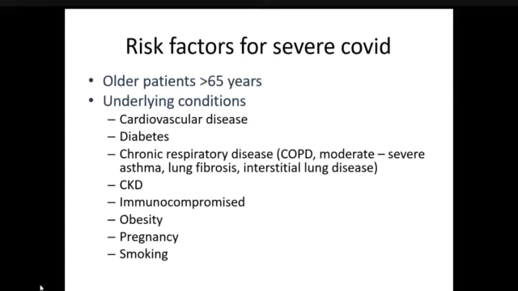Those are the people who can get severe disease. And as you mentioned, obesity is a very important risk factor, because when we see the patients going to the ICU and the patients who die, the majority of them are obese. That's very important. And pregnant females can get severe disease, and smokers can also get severe disease.